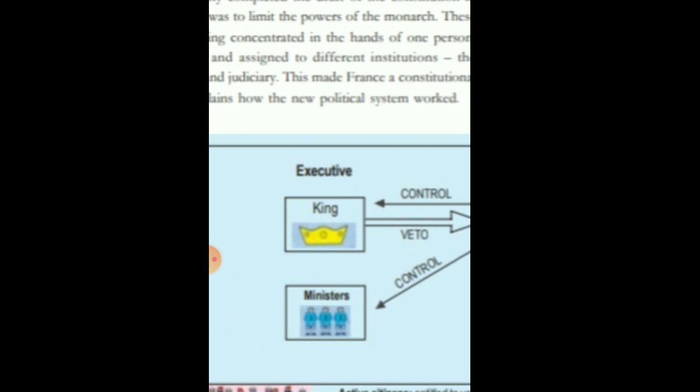On 14th July 1789, the French Revolution started and Louis XVI was compelled to step down and finally he was executed.